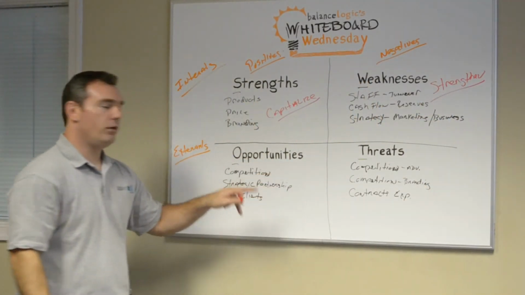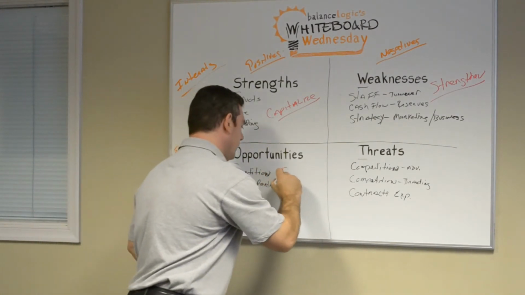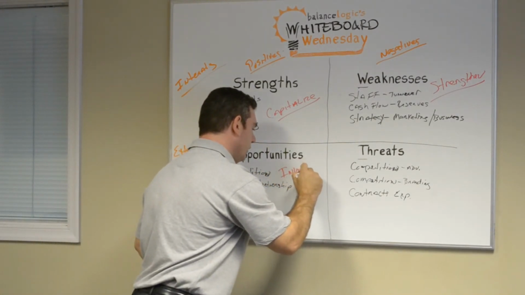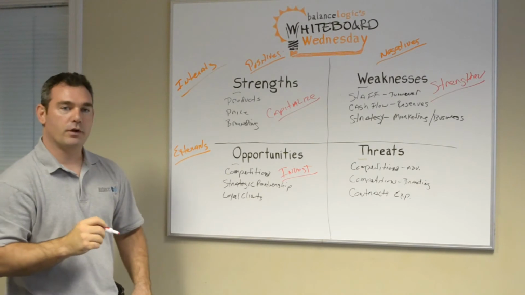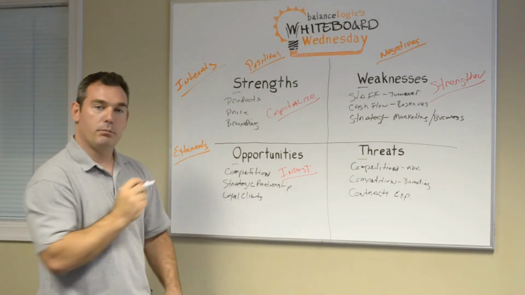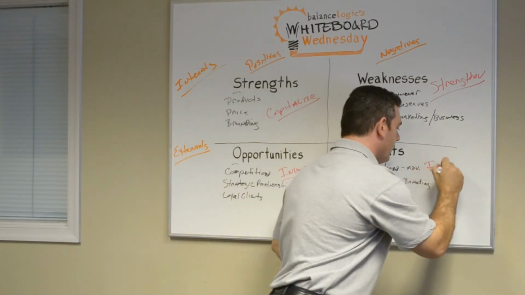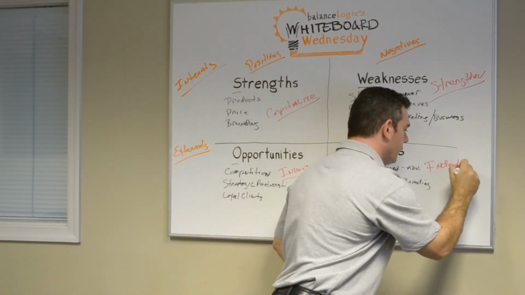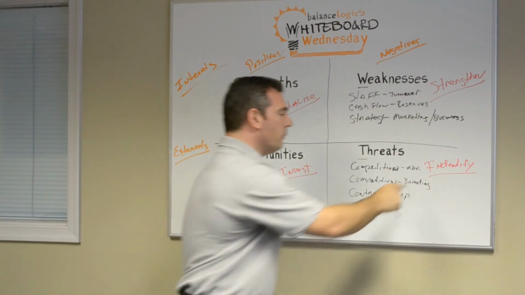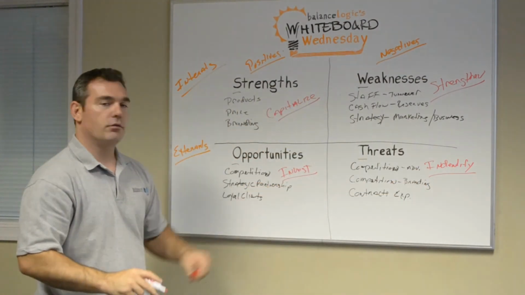Okay, opportunities. What do we do with opportunities? We want to invest in our opportunities, because if we don't, then we're going to lose that opportunity. Threats. What do we do with threats? We want to make sure we identify them, so we know where they are, keep them in our back pocket and in front of our mind.